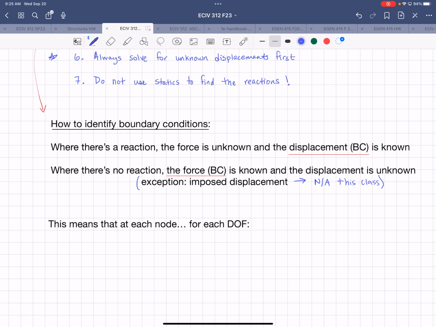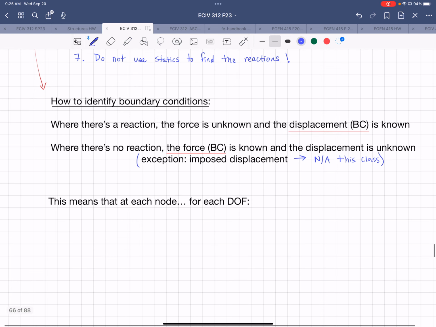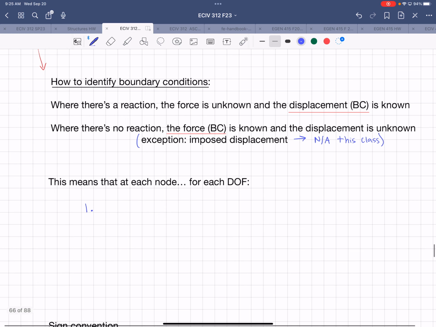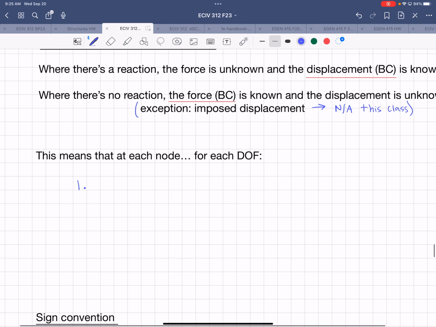So what this means is that at each node, for each degree of freedom, the external force is either a reaction or an applied load.